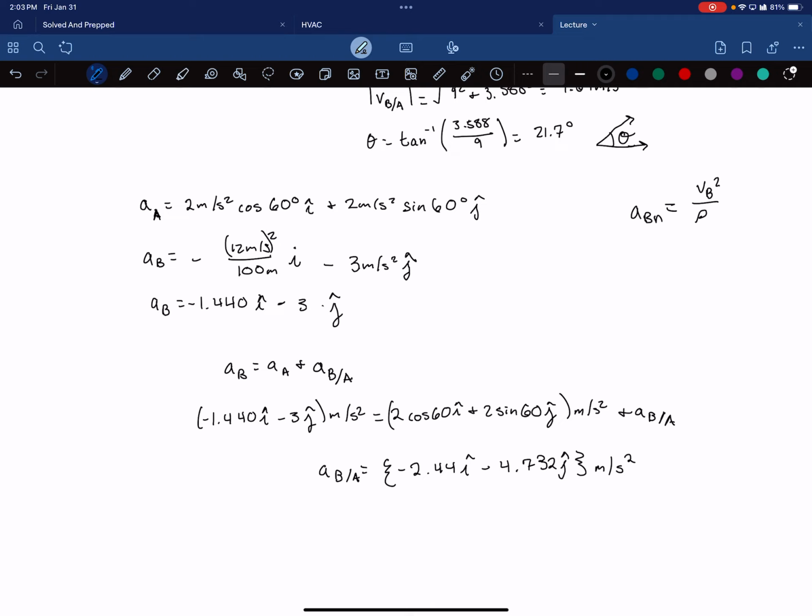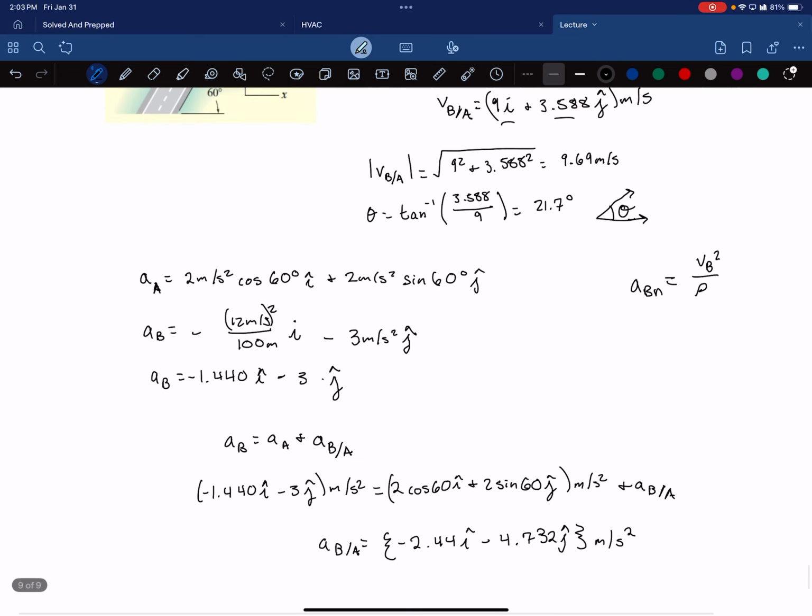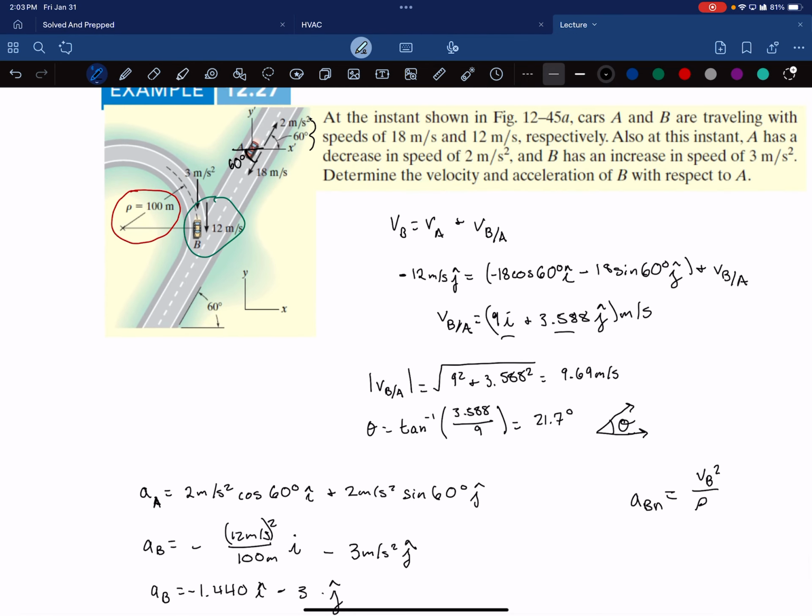Yes. For that angle you got, 21.7. Mm-hmm. Could you draw where that angle is? Because I don't really get what that's supposed to represent.